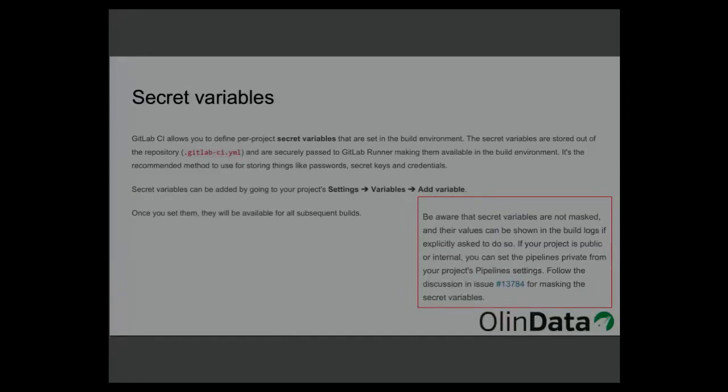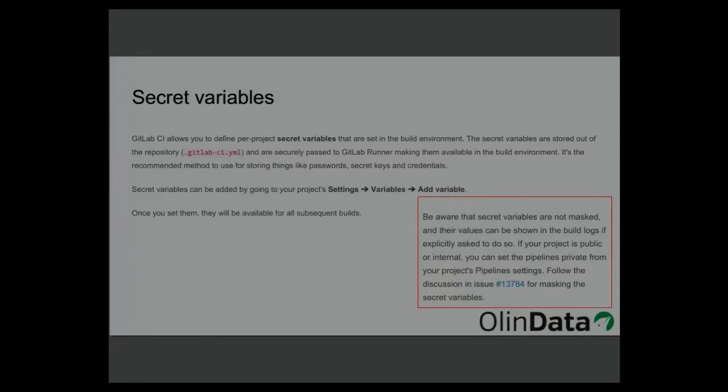The downside is that currently they are not masked and will just show up in the build log. So if you are using, I don't know, AWS credentials that are actually a secret variable in your project, if something in your build prints those variables to the log, they will just show up.